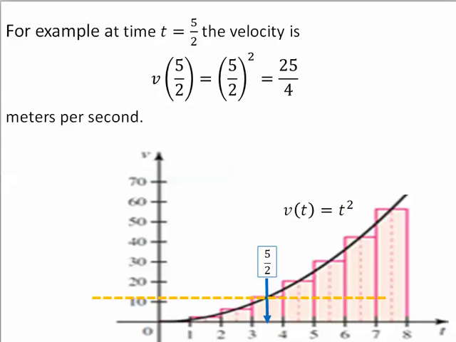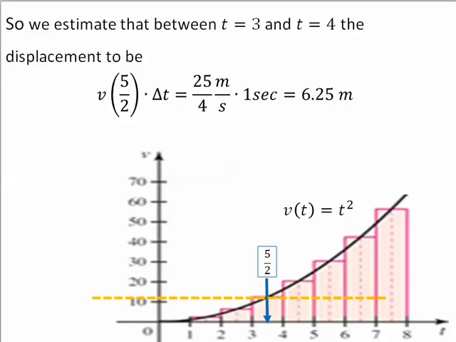So, for example, at time 5/2, the velocity is 25/4. And between t equals 3 and t equals 4, we estimate the displacement to be 6.25 meters. So that's just an estimate using a rectangle.